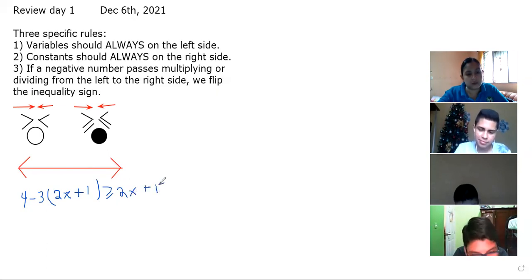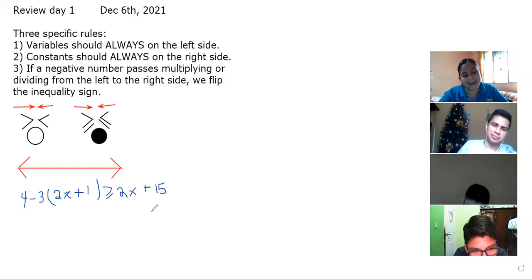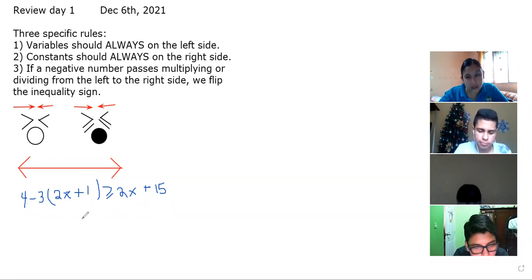I made this exercise up, so the answer might be a fraction. So the first thing that you need to do whenever you have an exercise that has a parenthesis is to solve the distributive property. So you need to do this from the beginning. That's the very first thing that you need to do.